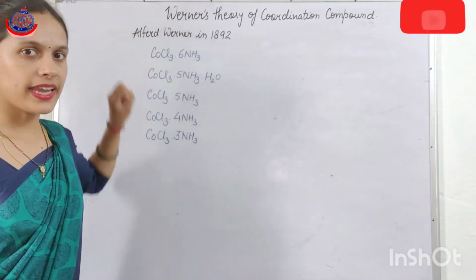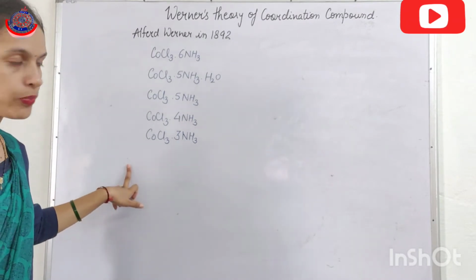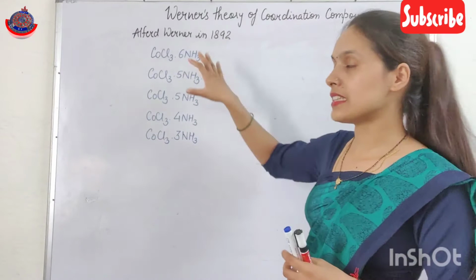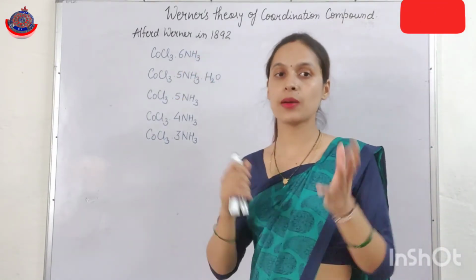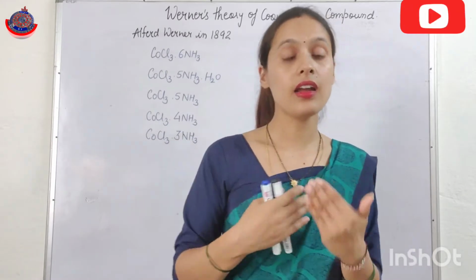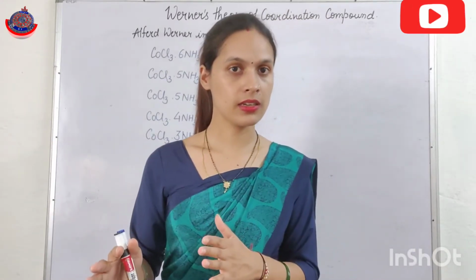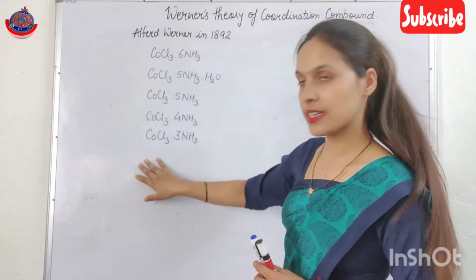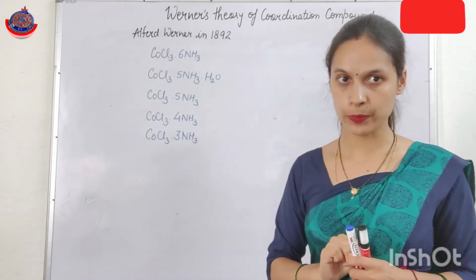First, Werner reacts COCl3 with NH3 and forms these complexes. Then Werner reacts these complexes with excess of AgNO3 and observes that some of the chloride ions are precipitated in the form of AgCl. Now, if we see in all these reactions, we have 3 chlorine.